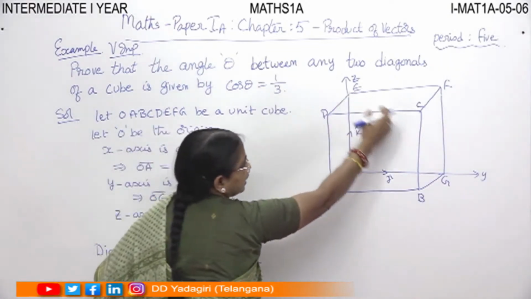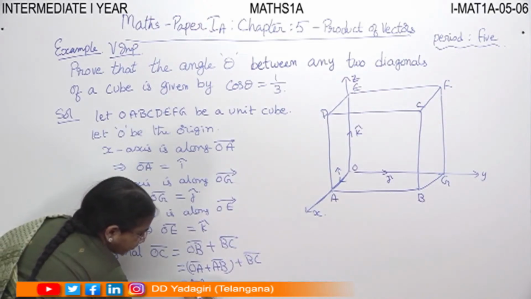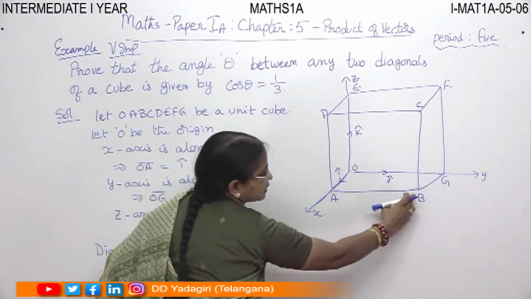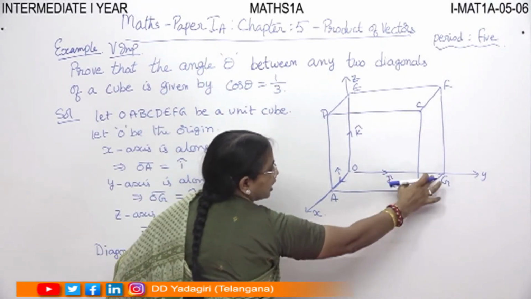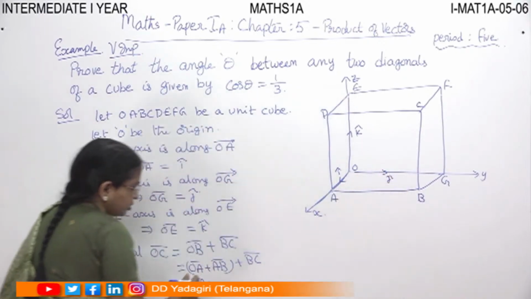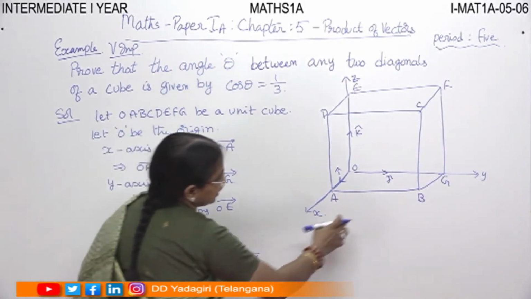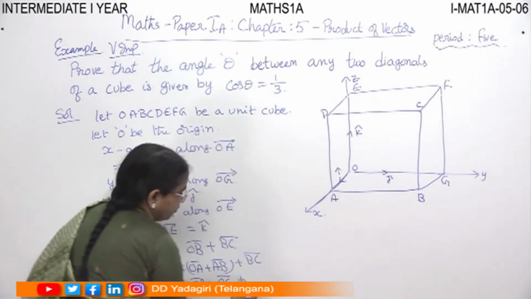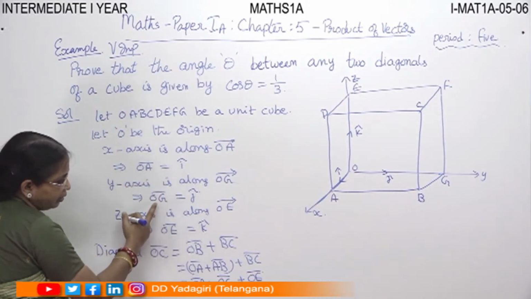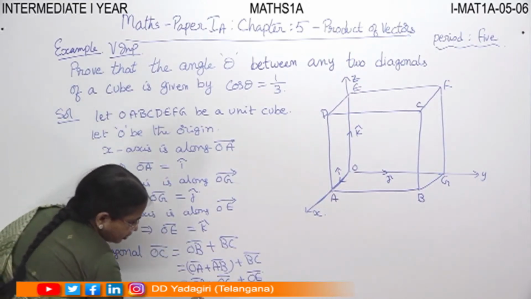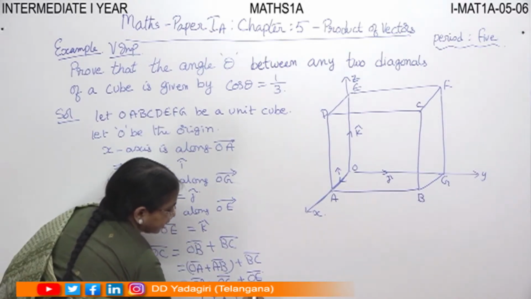BC and OE are equal, they are in the same direction. And AB is equal to OG because they are in the same direction and equal also. So we'll write AB as OG and BC as OE. So when you substitute the values, OA is i, OG is j, OE is k. So this becomes i plus j plus k.